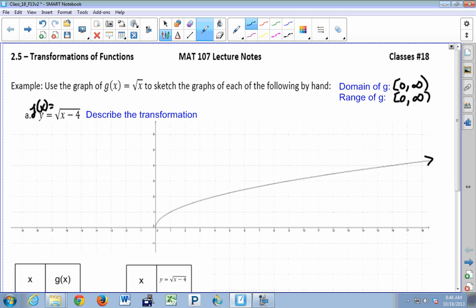Right, so this is a horizontal shift to the right 4 units. Okay, which means we're going to subtract 4 from all of our original x values.